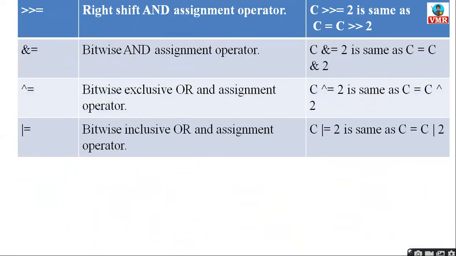And next the right shift and assignment operator. It is C greater than greater than is equals to 2, which means C is equals to C right shifted twice, that is C right shift 2.